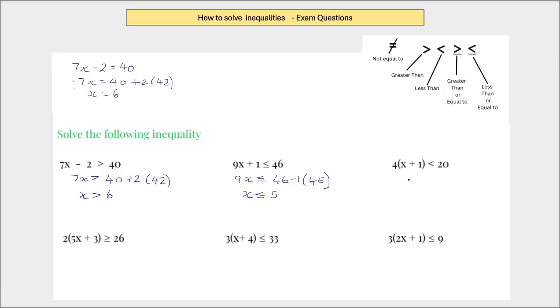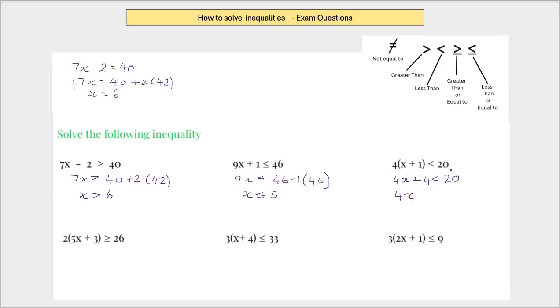So this is a bracket. We know how to do a bracket. It's exactly the same as all the other algebra questions that you've tackled before this. So let's times this out. 4 times x is 4x. 4 times 1 is plus 4. Less than 20. So we have 4x.